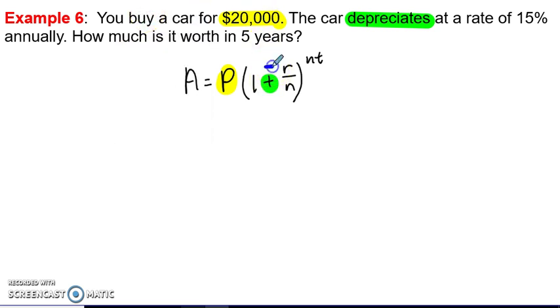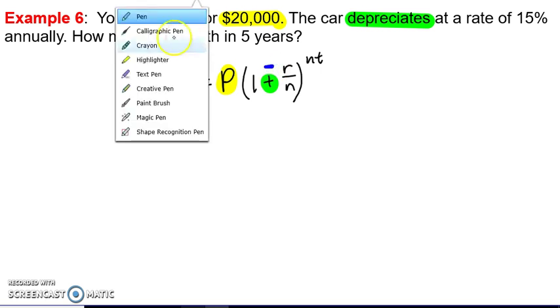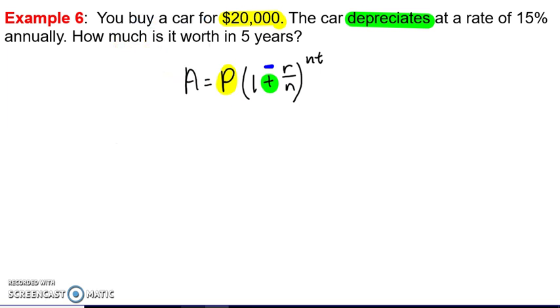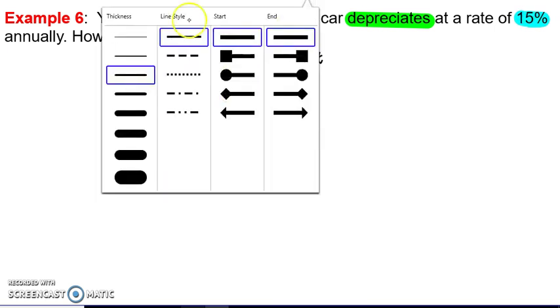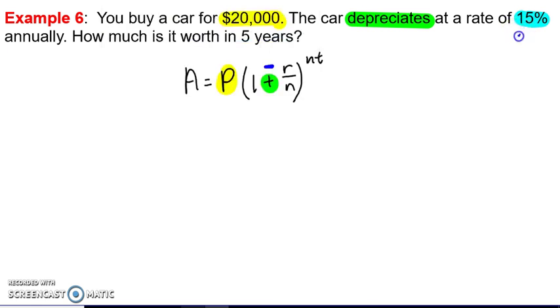So I'm going to make that blue. It's going to change to a minus sign because it's starting to decrease and depreciate. So then I'm going to look at the rate, which is going to be 15%. If I rewrite that as a decimal, that gives me 0.15.